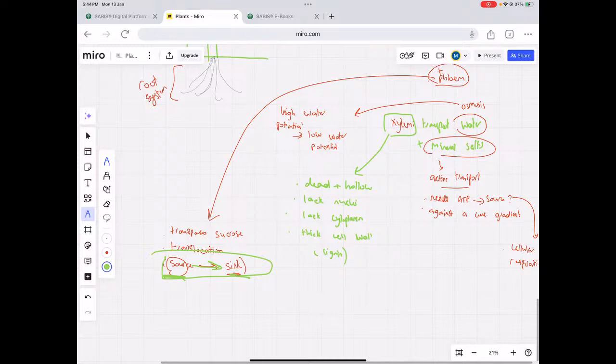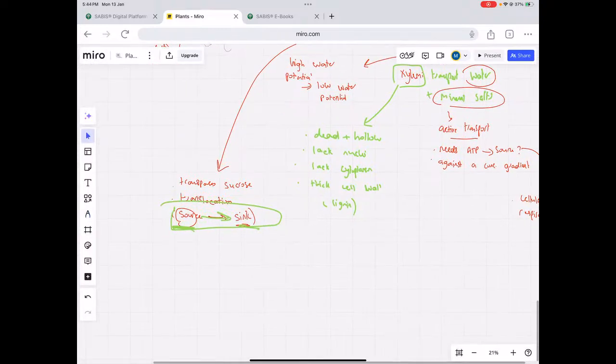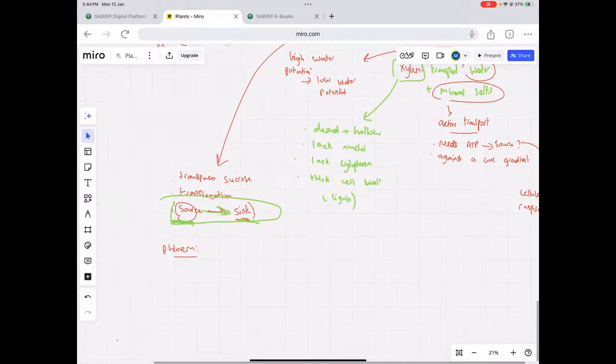Now, since we said that the xylem are dead cells, what do you think about the phloem? Are they dead or living? If you guessed living, you are correct. Phloem cells are living cells, and they are made up of sieve tube elements.